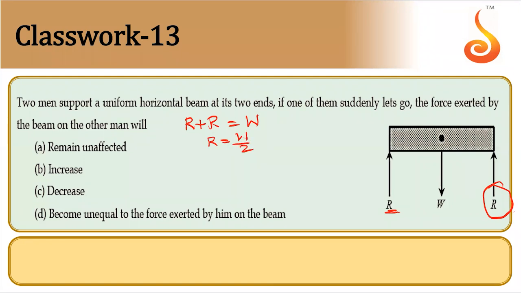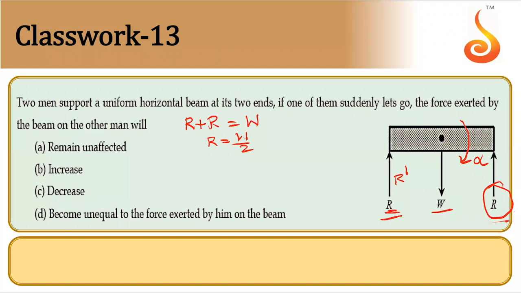So when one man goes off, let us say the new reaction will be R dash. Then this will start rotating this way. Let us say the angular acceleration is alpha. There are two forces, W and R dash, and under the action of these two it has rotational motion.